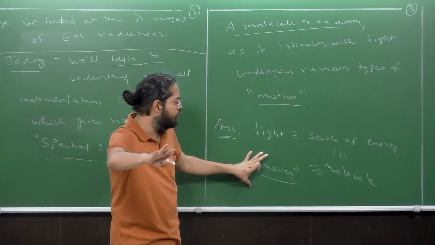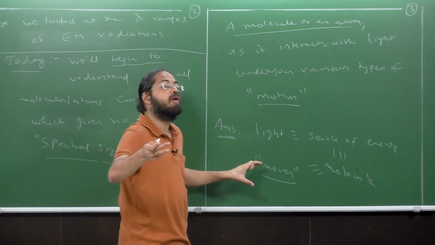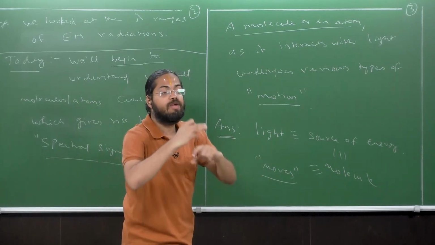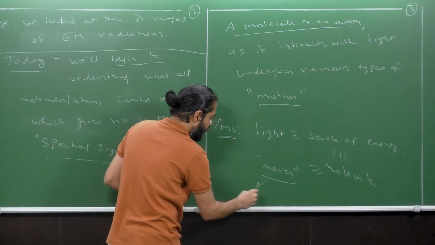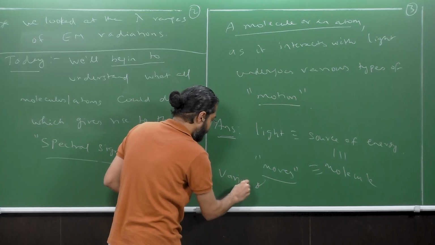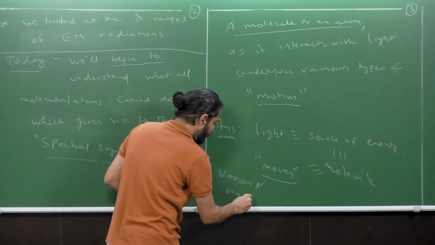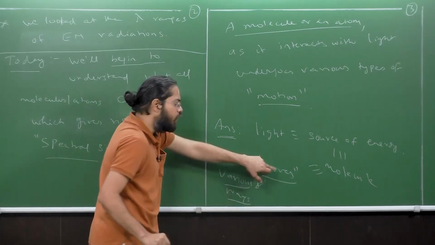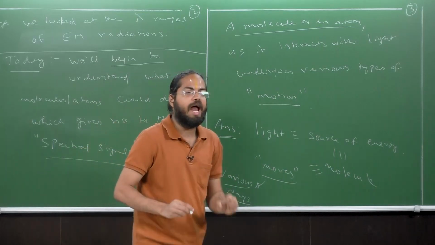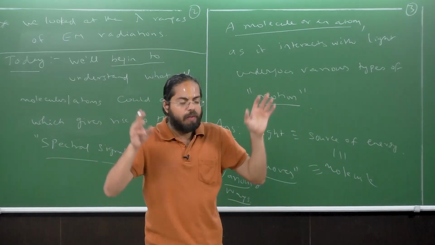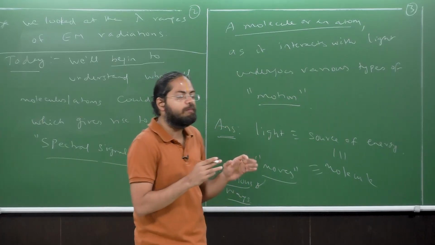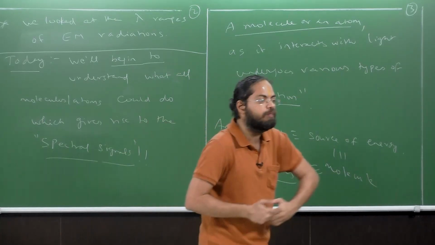A molecule still moves, and it is now important for us to discuss the various types of moves, the various ways. By moving, I'm not simply talking about going from one point to another.